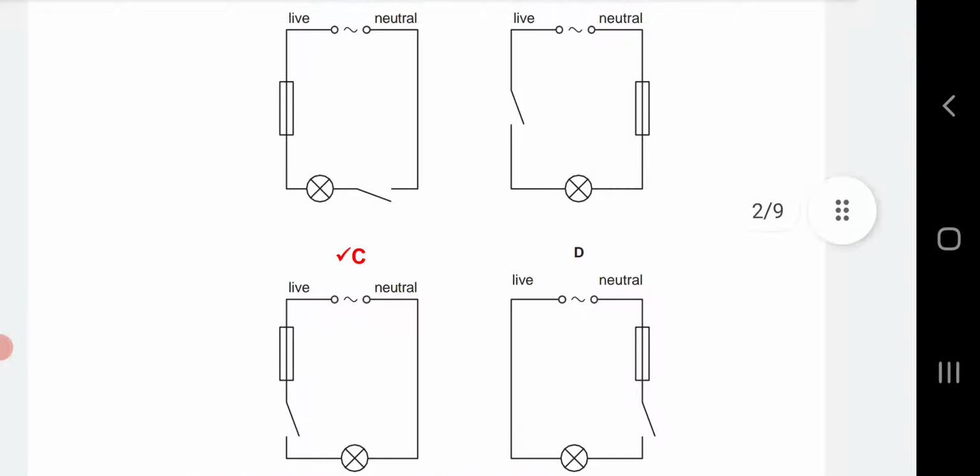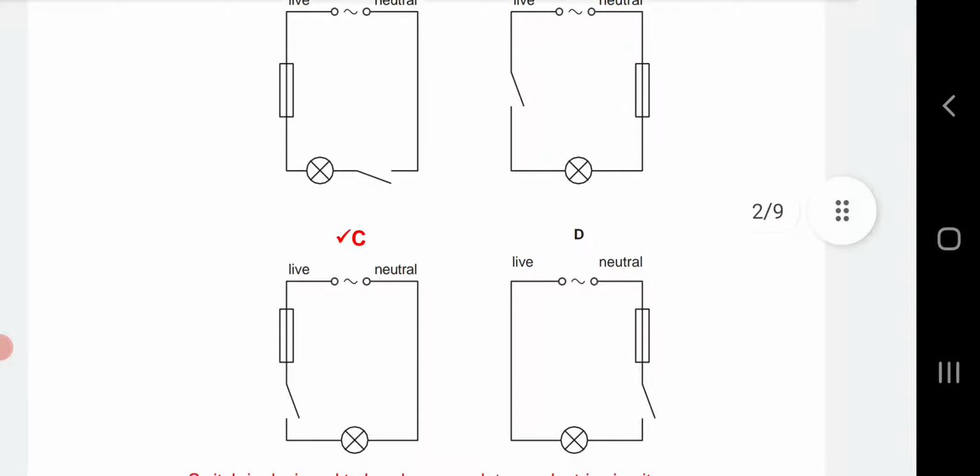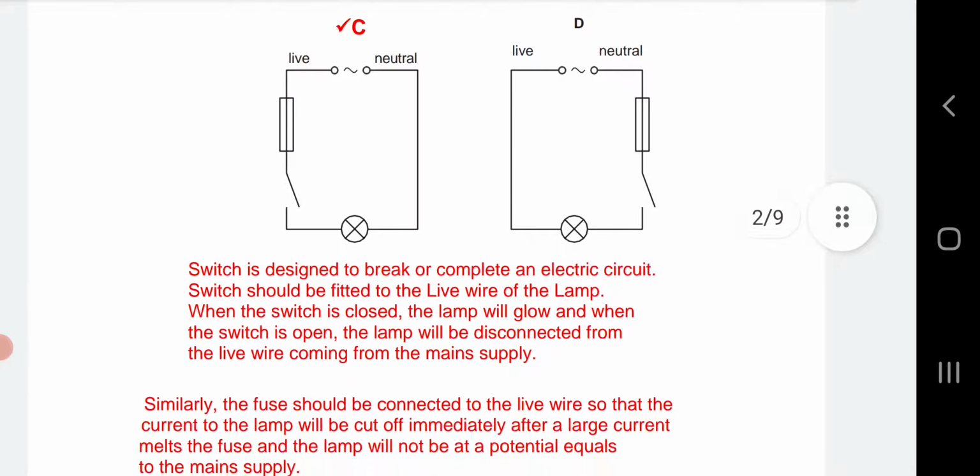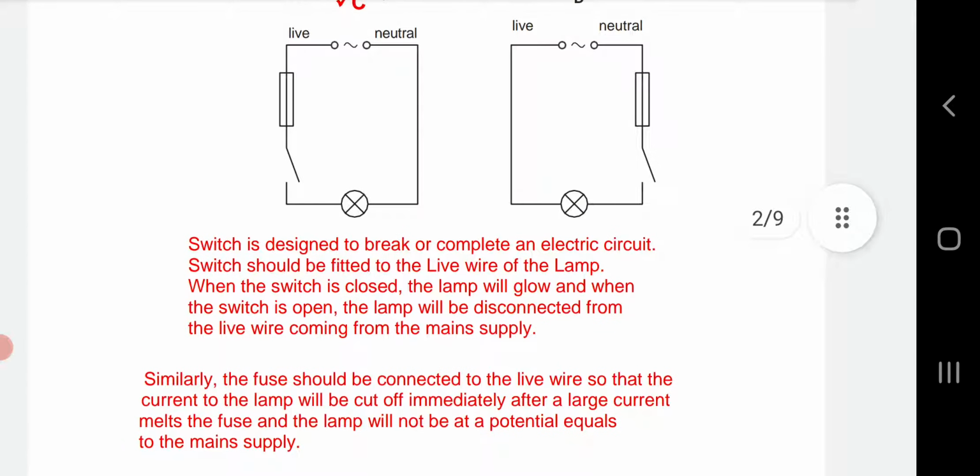So it's very important in practical electricity. I am telling you again: always connect the fuse or the circuit breaker to the live wire, and the make or break device like a switch should also always be connected to the live wire. So option C here is the correct option.